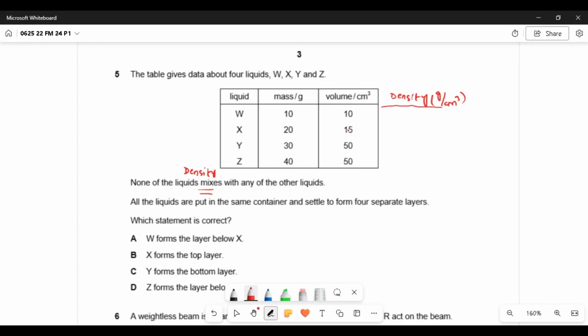To find densities, we will divide mass by volume.